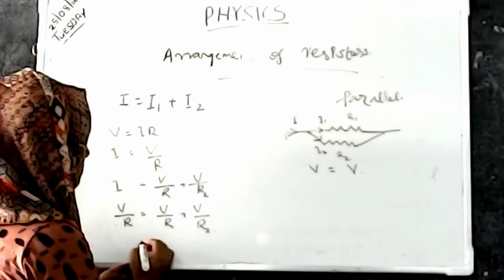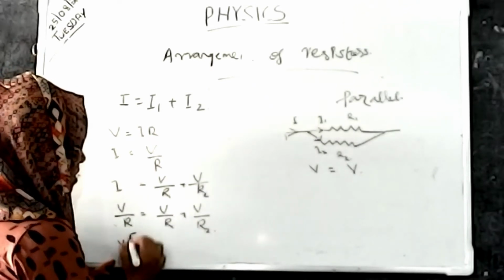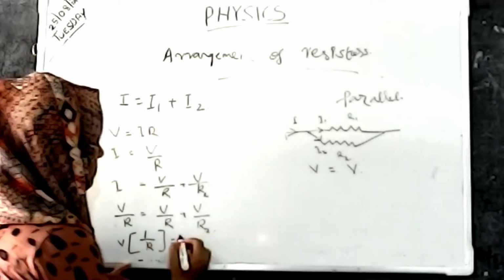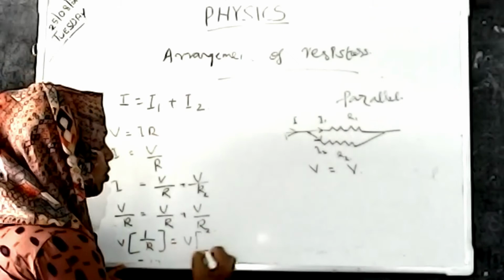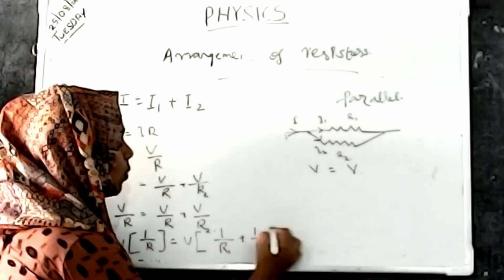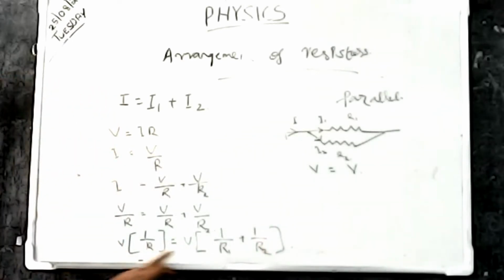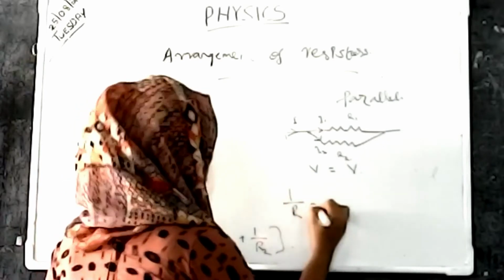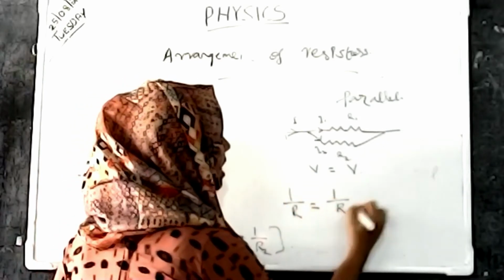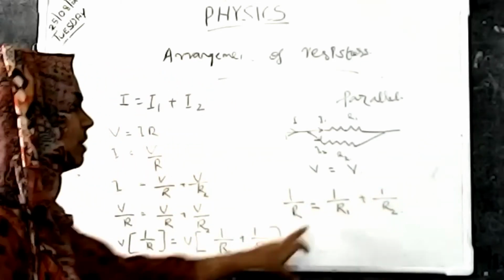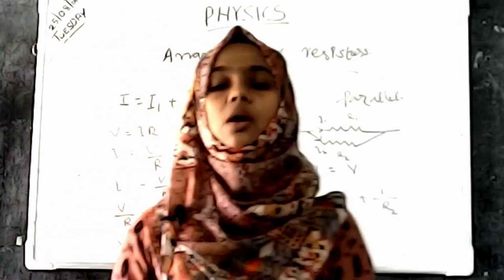From here, V times 1 by R equals V times (1 by R1 plus 1 by R2). The Vs cancel and we get 1 by R equals 1 by R1 plus 1 by R2.